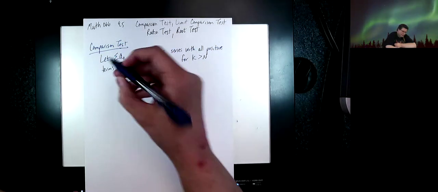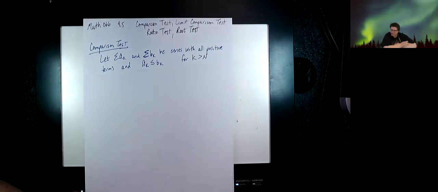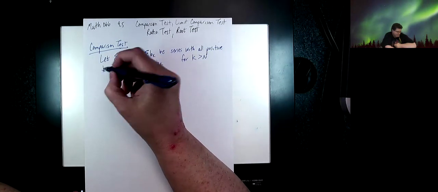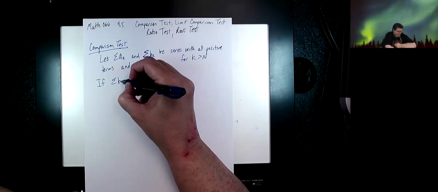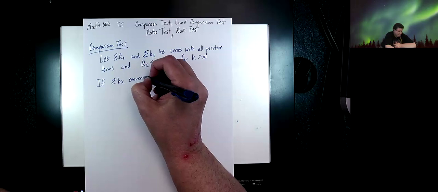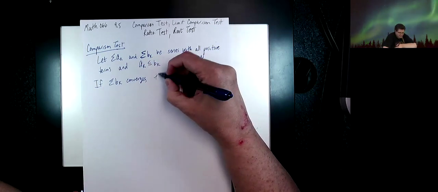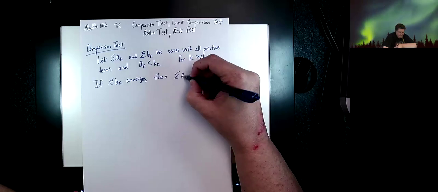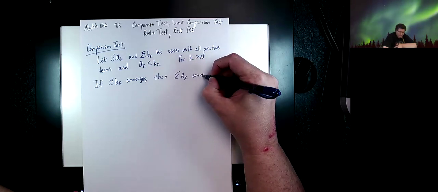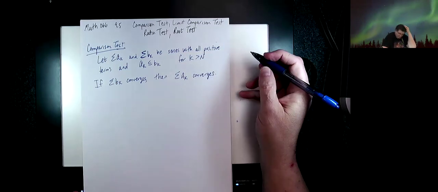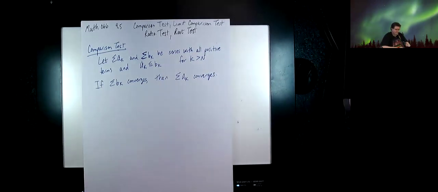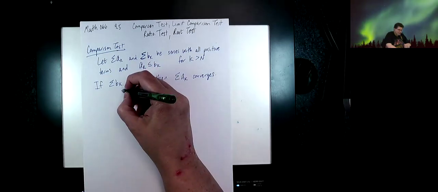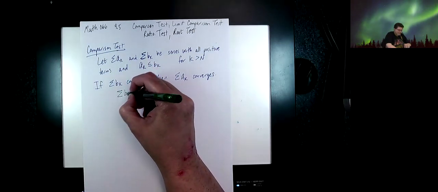So we have 2 things going on. We're going to compare them. If the summation of b sub k converges, then the summation of a sub k converges. So we have the sum of b sub k.